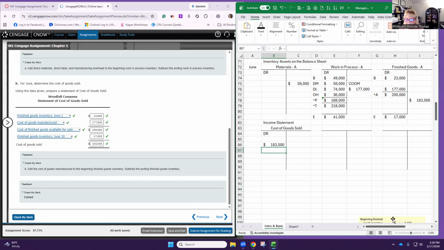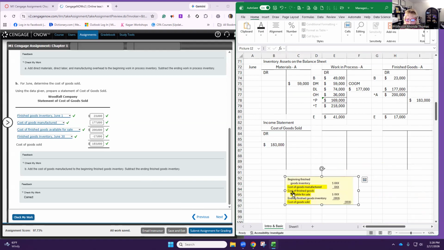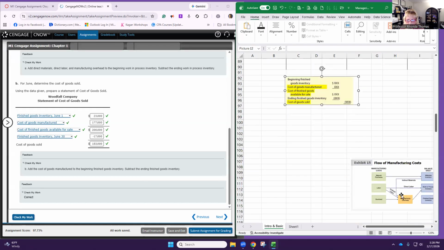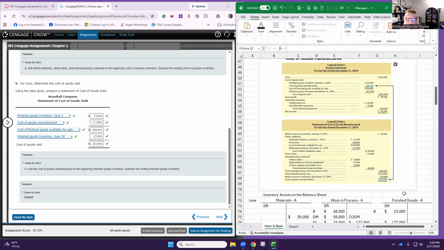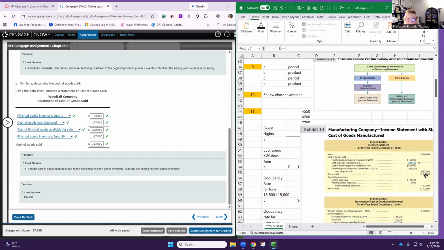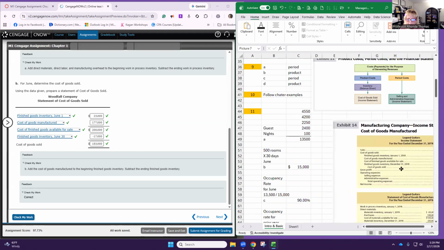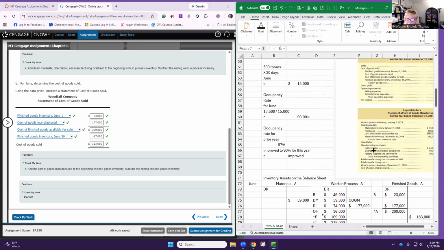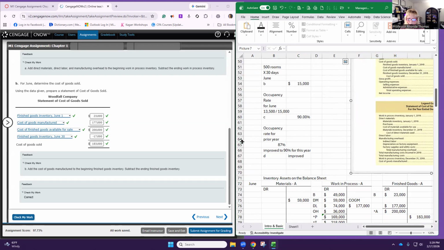Okay. And here's the little part of cost of goods sold. Let me go ahead and finish the rest of this now. We have one more to do and we are done with our intro problems.